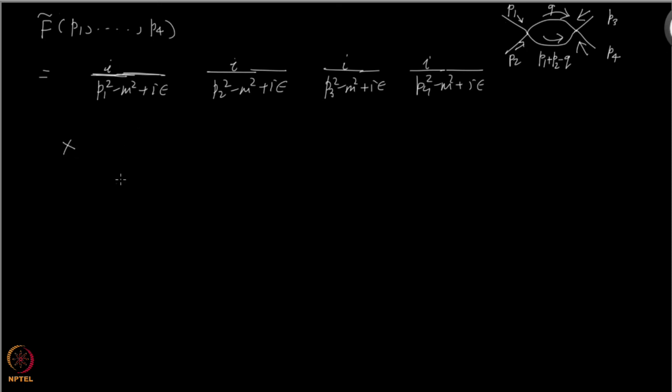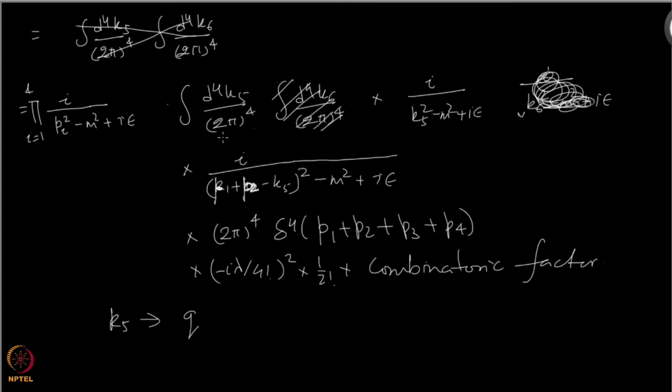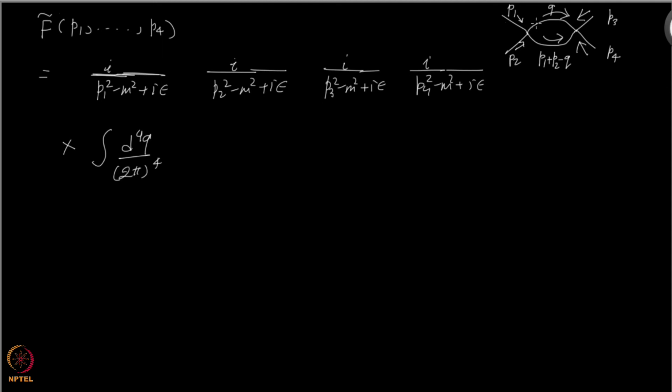Then what do we have? Then we have d4q over 2 pi to the 4, that's here. Okay, and then I have these two propagators. Okay, this one and that one. Let me write that down. So this is the one which earlier we called k5, and this has become now i over q squared minus m squared plus i epsilon, and then this one has become i over p1 plus p2 minus q squared minus m squared plus i epsilon.